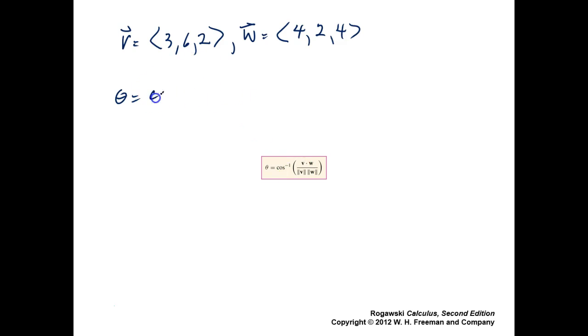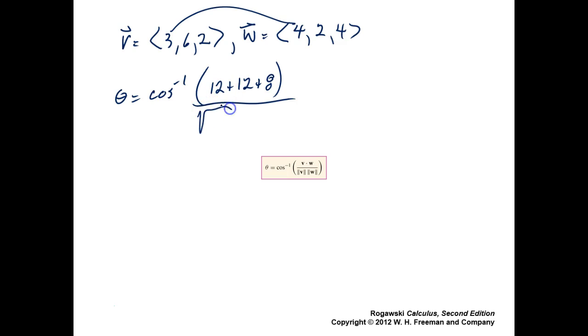There it is, right there. Inverse cosine of, and what's v dot w? 12 plus 12 plus 8, divided by, what's the magnitude of v? Square root of 9 plus 36 plus 4.